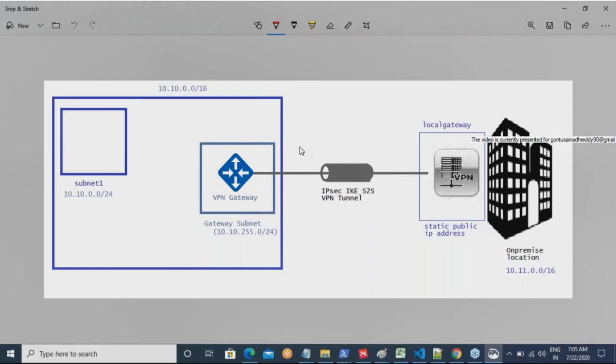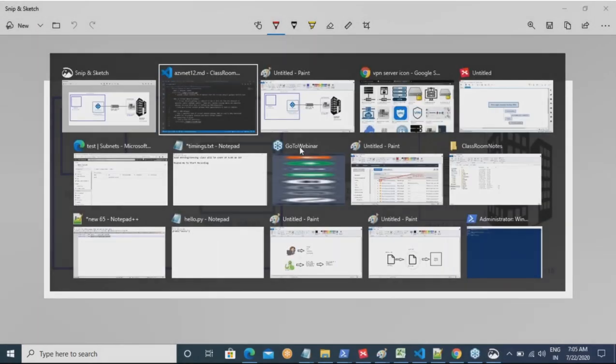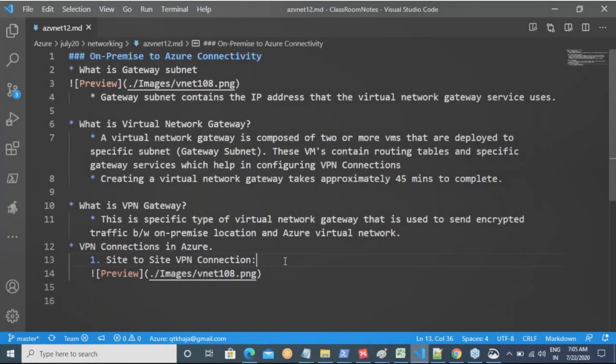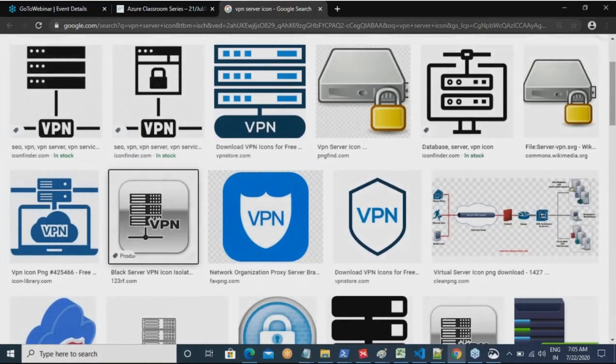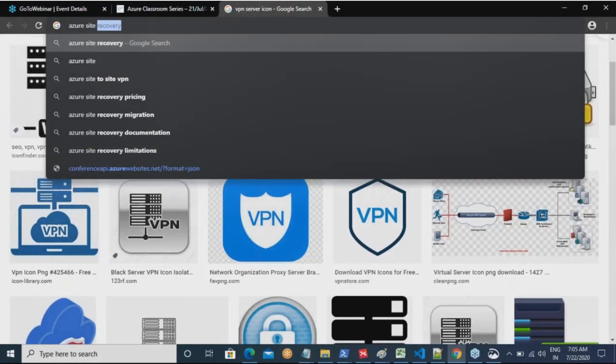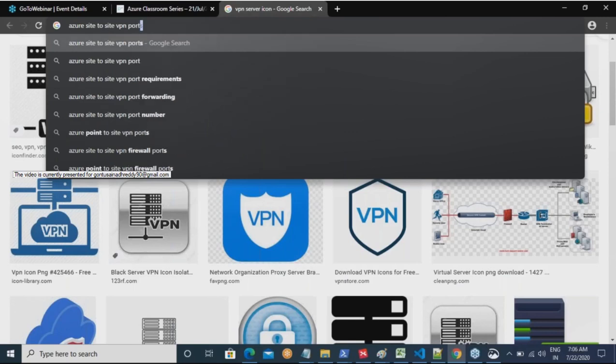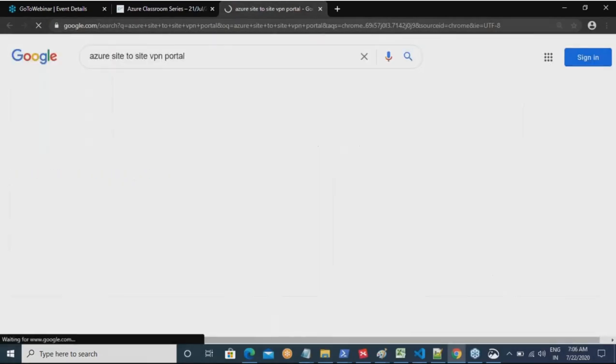Okay. But if you want to see the steps of creating the stuff, I will give you a reference. Okay. So refer here, let me Azure site to site VPN portal.